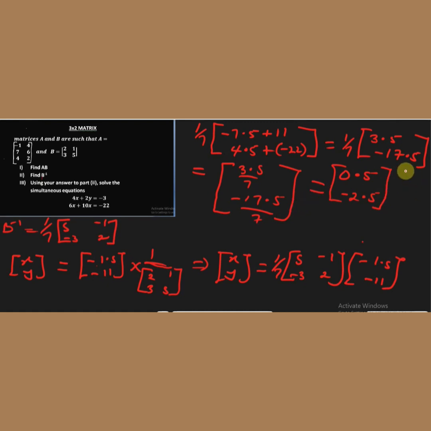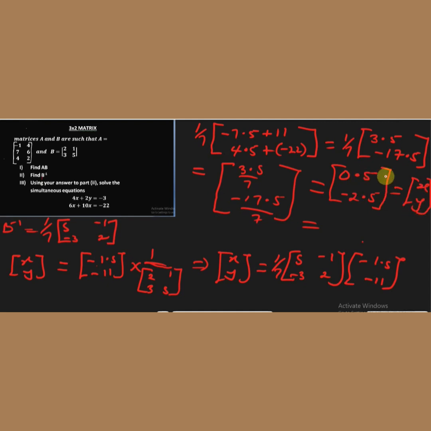So remember that this is equal to this. That means this is equal to x and y. So from here, it means that the upper variable is x, the lower variable is y.